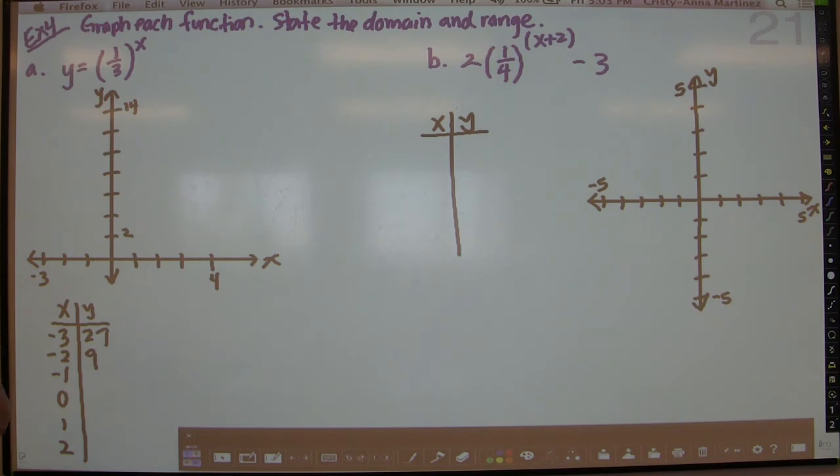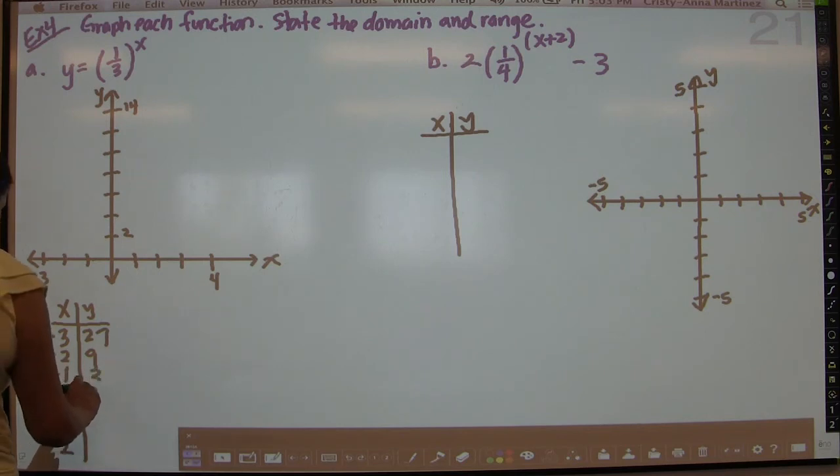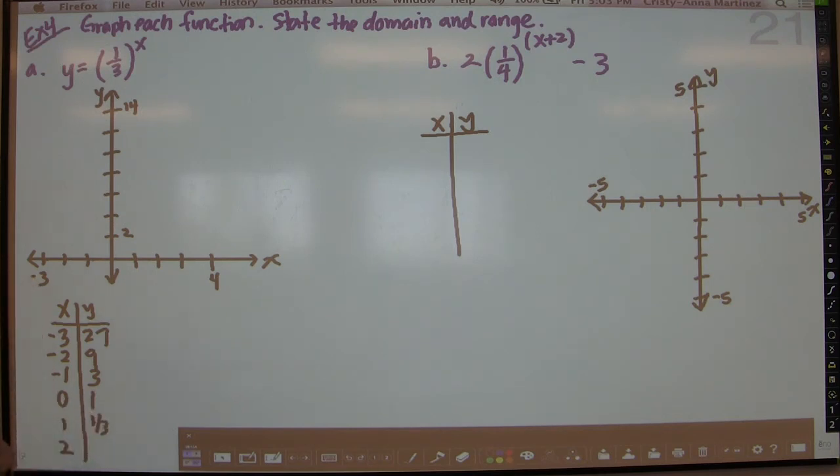And then 1/3 raised to the negative 1 power is going to be 3. And then 1/3 to the 0 power is going to be 1. 1/3 to the 1 power is 1/3. And 1/3 to the second power is going to be 1/3 squared, which is 1/9.